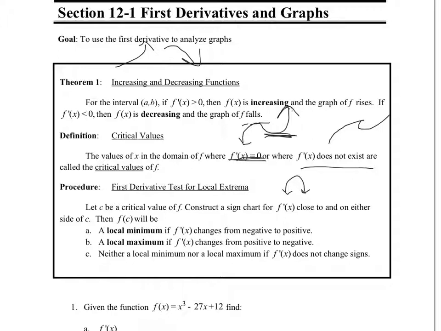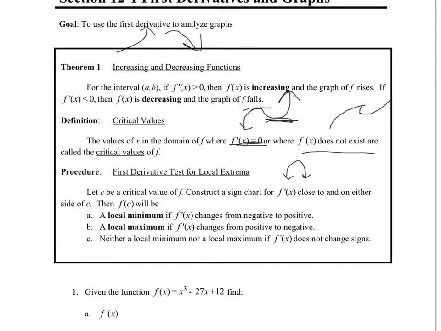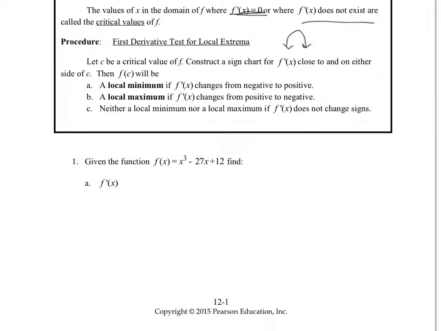It may be, though, that I test on either side of this number, and there's no sign change. Let's say it's negative on both sides, or positive on both sides. Then that tells me it's not going to be a maximum or a minimum. Something else happens there, and I may need another test, which we'll talk about on Wednesday, to help me figure out what it is.